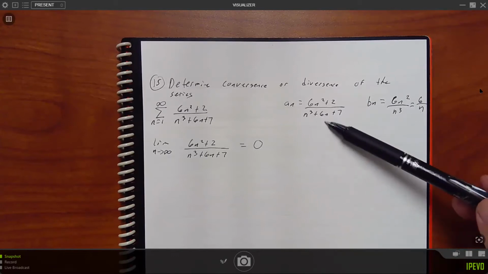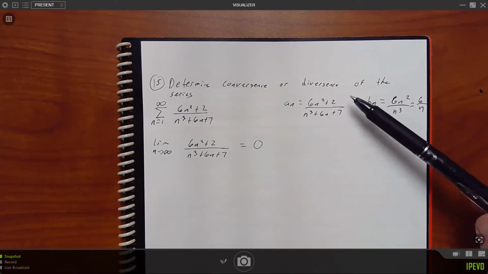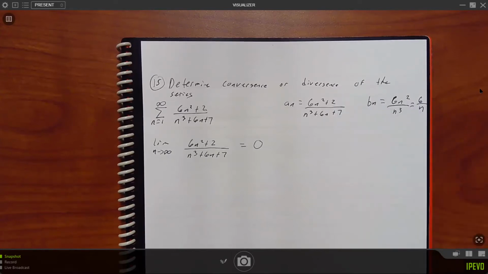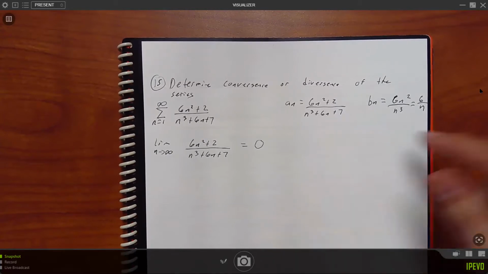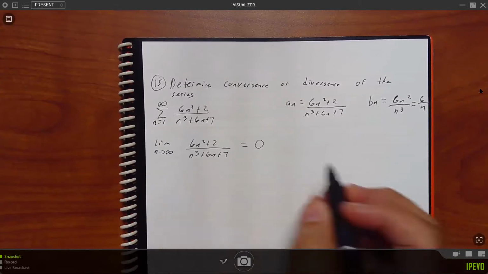So this one's going to be smaller. The only thing this is missing is a +2, so the top doesn't really make a big difference. This is making the biggest difference. If we're not sure and we can't prove it or tell, we can always do a limit comparison test. See what happens. So let's do that one because it looks kind of ugly.